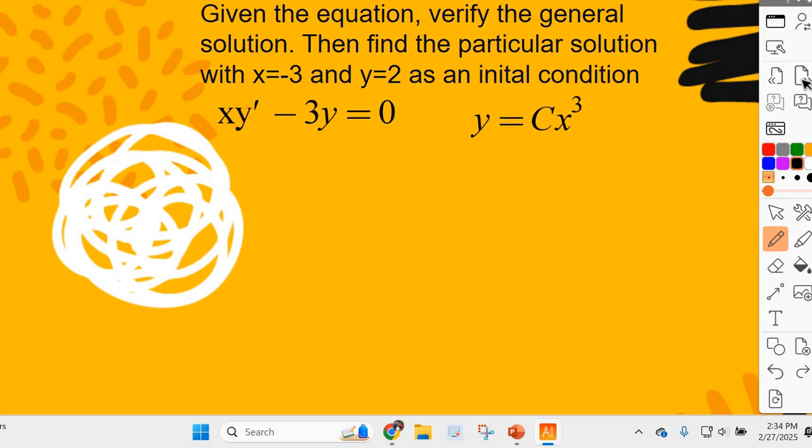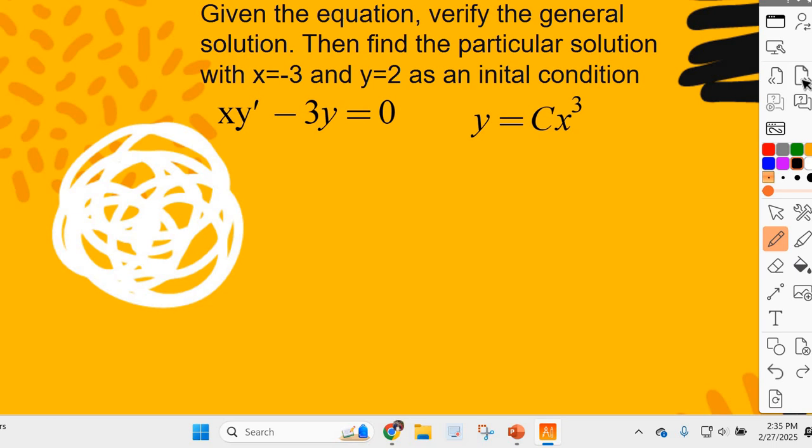What about my given equation makes it a general solution? What is different about this solution than my previous solution? There's a C. What does C stand for? Constant.